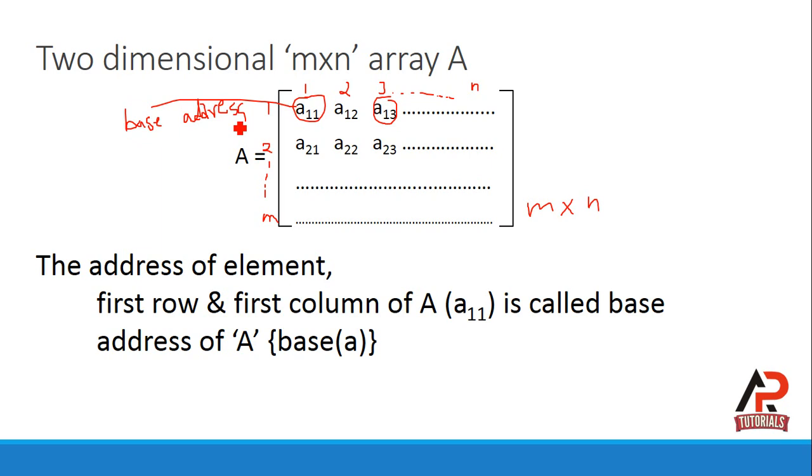If you want to calculate the address of an element, first you have to know the base address, that is the first element's address. So if you know the base address, then this will be the formula for calculating the address of a particular element.